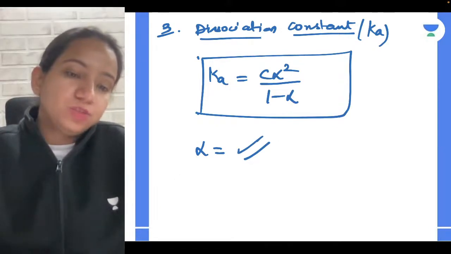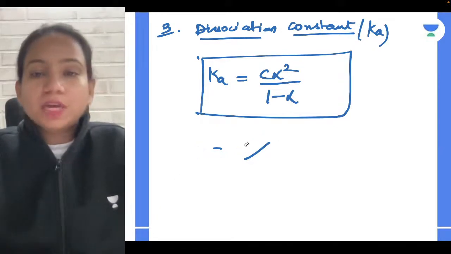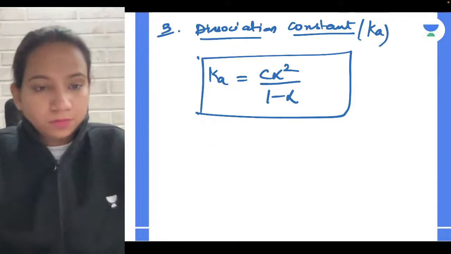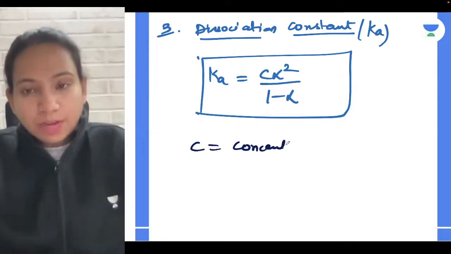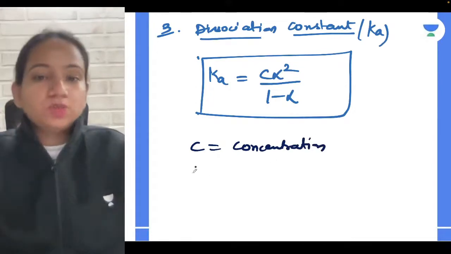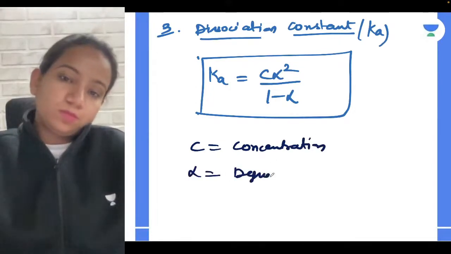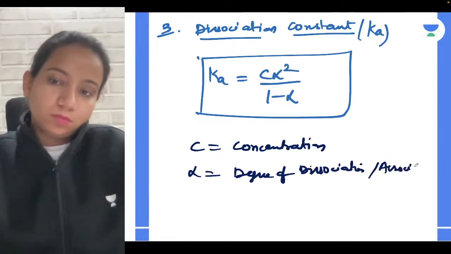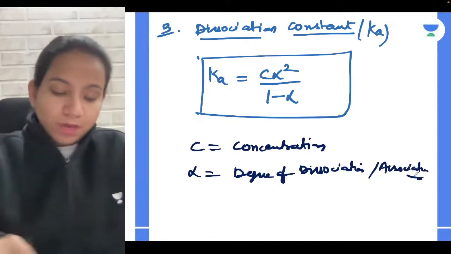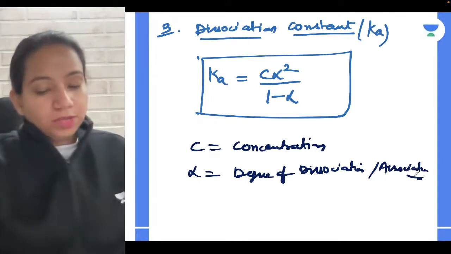Got it, guys? Yes or no? What is C here? C is concentration. Alpha is the degree of dissociation or association. So that's what you can relate.